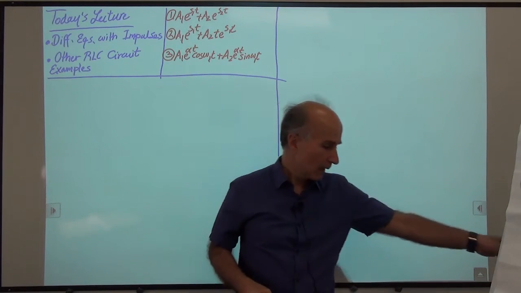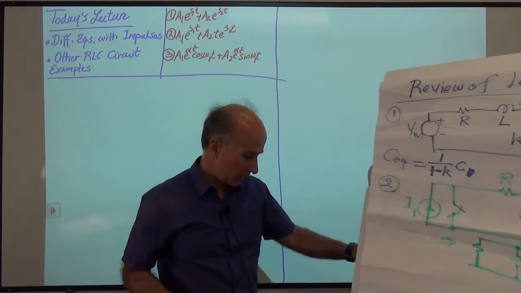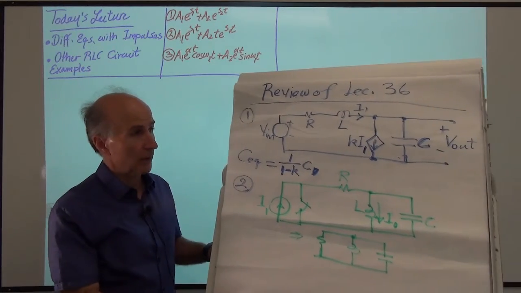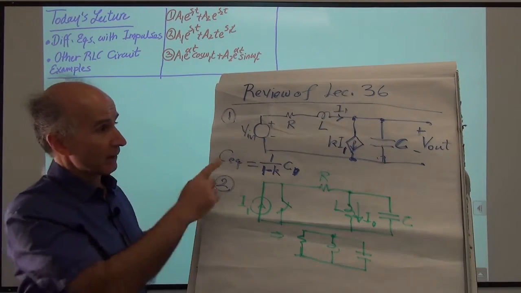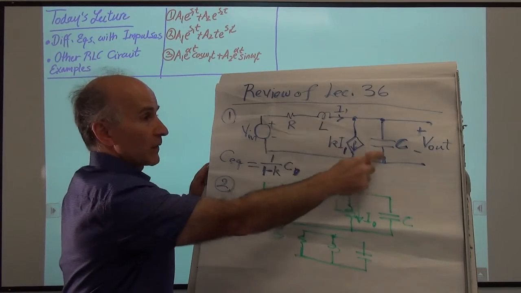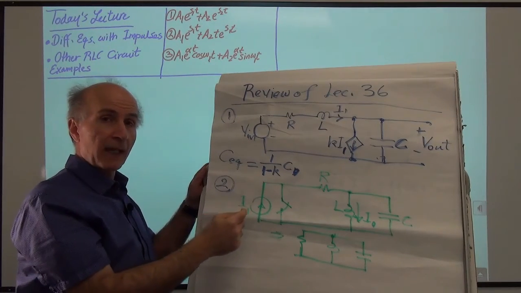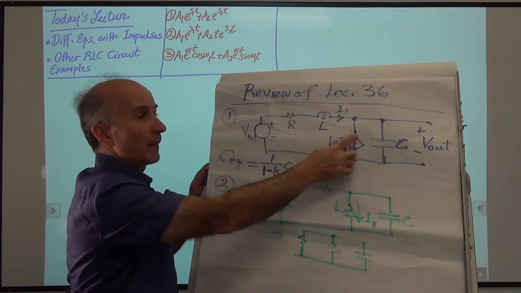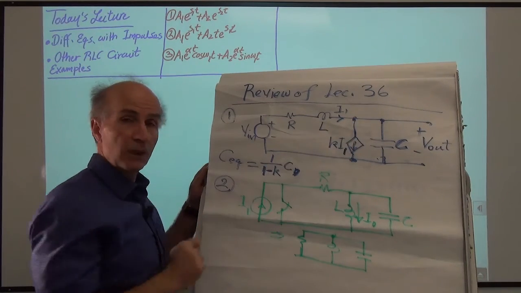But before we go there, let's see what we covered last time. If you remember, we looked at this particular circuit, which is really a series RLC circuit, except that I have introduced this dependent current source from here to here.